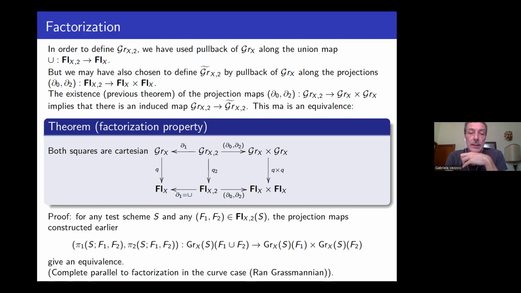And the fact is that this isomorphism between Gr_X^2 and Gr_X^2 tilde actually extends to an isomorphism of these two simplicial objects, Gr_X bullet and Gr_X bullet tilde.